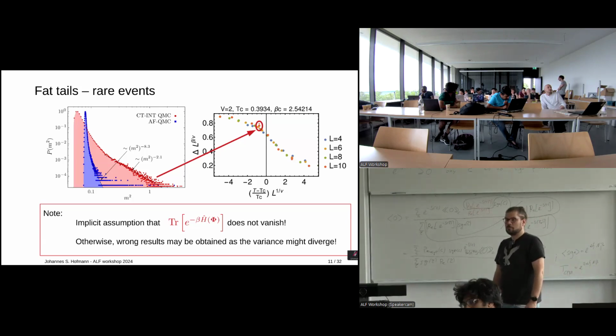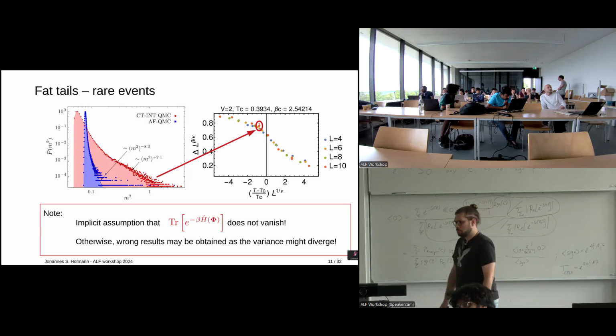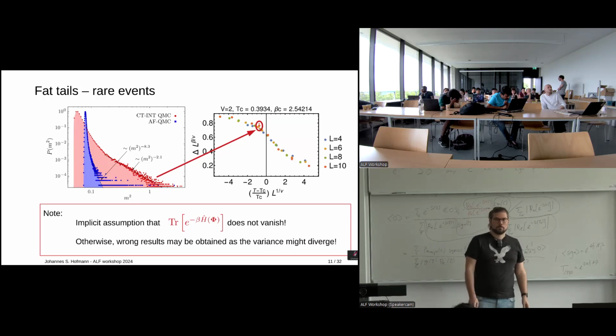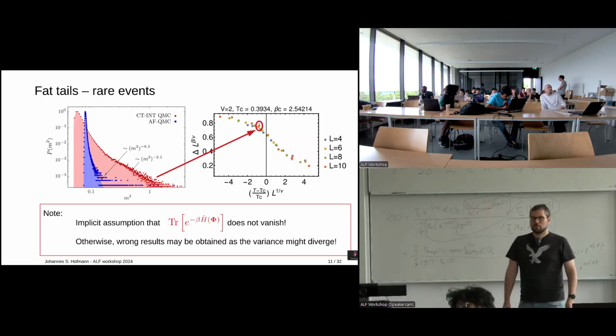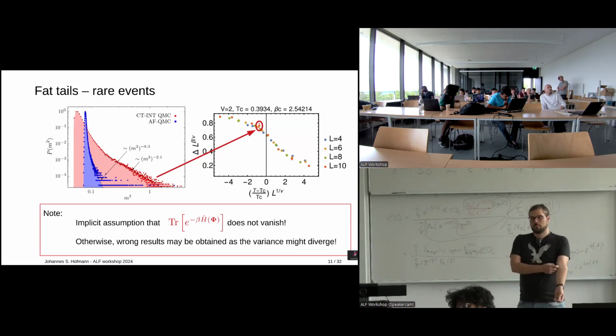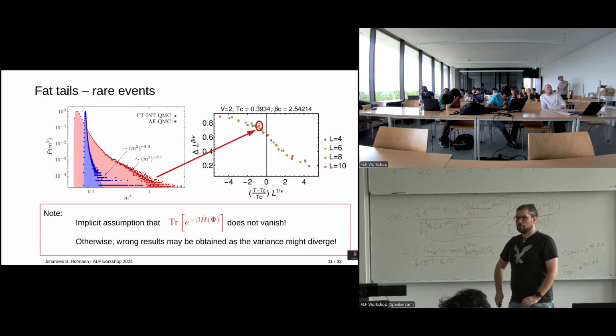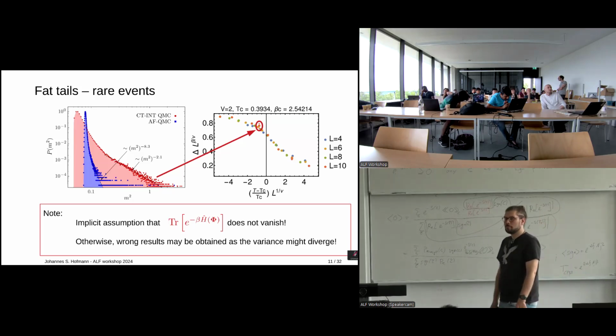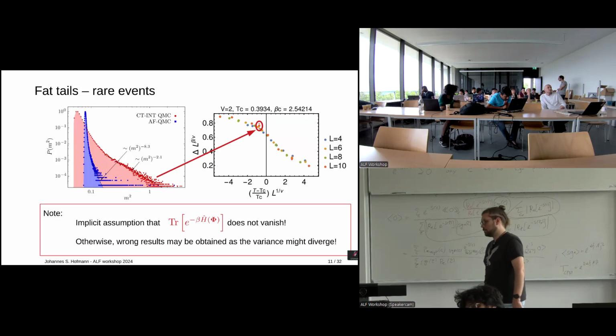For example, if you do a local update and then immediately measure a local observable at the same point, the power law will be the same, but the prefactor will be about 10 times smaller compared to a global update, where you update everything and then measure a local observable averaging over the whole configuration. So one should be careful with global updates, because potentially they can lead to more severe spikes in the distributions.